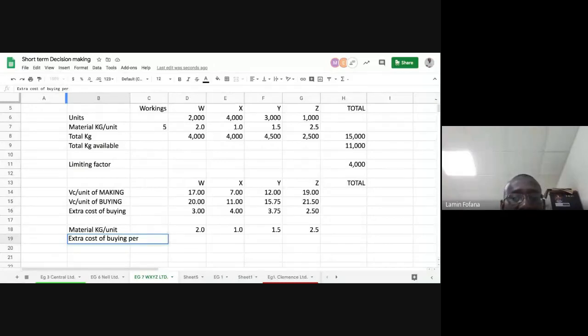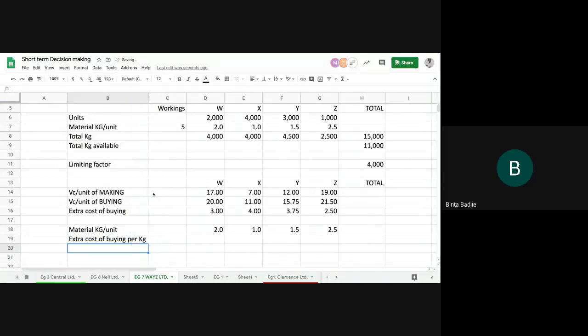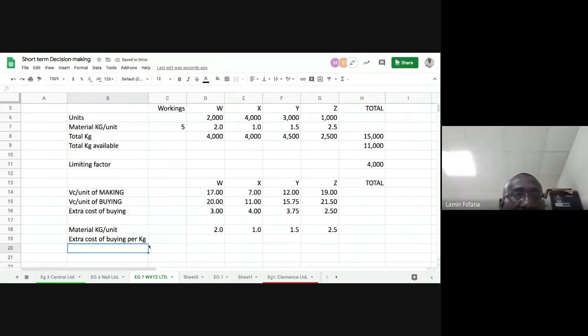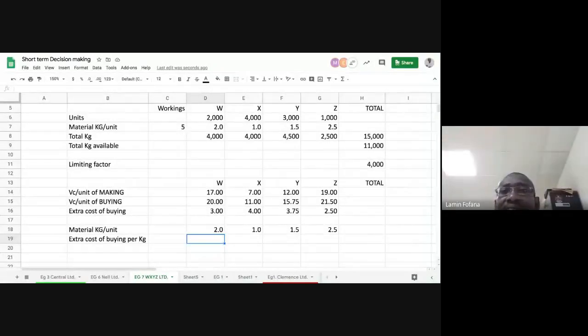So I just copied it and made some changes. Yes, Mr. President. Okay. So the extra cost of buying per kilo. How do we calculate the extra cost of buying per kilo here?